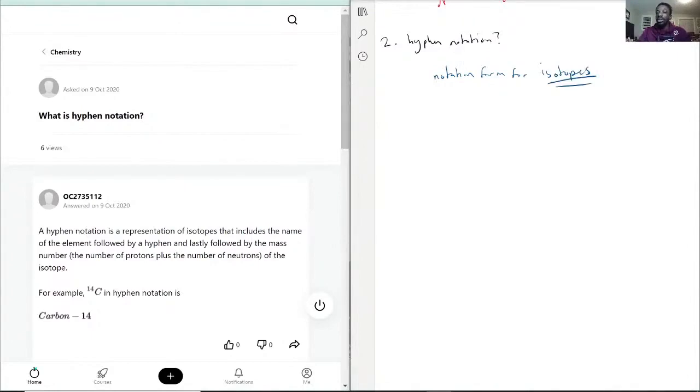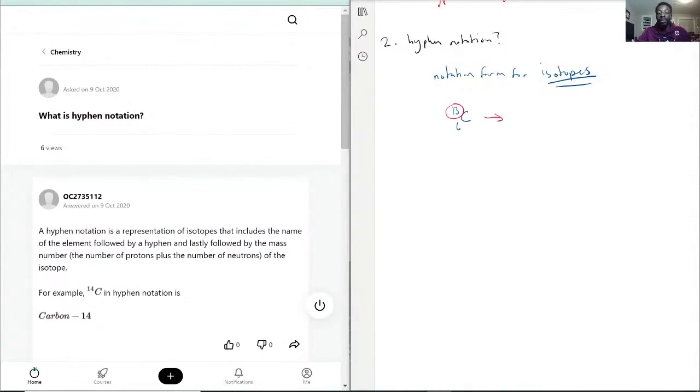was a subscript, superscript notation, where, for example, if we had carbon 13, this would be its superscript, subscript notation. In order to get this over to hyphen notation, all you do is focus on the superscript, and that is indicated by its mass, the atomic mass of that isotope.